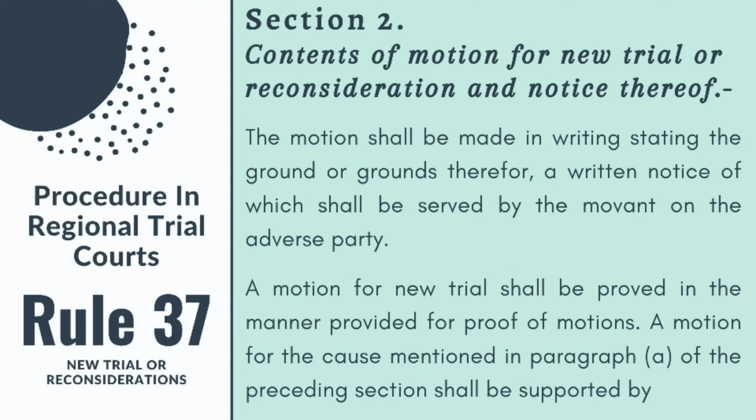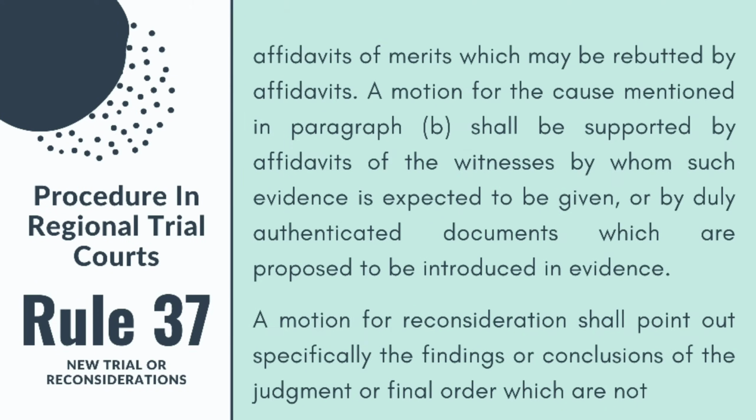A motion for the cause mentioned in paragraph A of the preceding section shall be supported by affidavits of merits, which may be rebutted by affidavits. A motion for the cause mentioned in paragraph B shall be supported by affidavits of the witnesses by whom such evidence is expected to be given, or by duly authenticated documents which are proposed to be introduced in evidence.